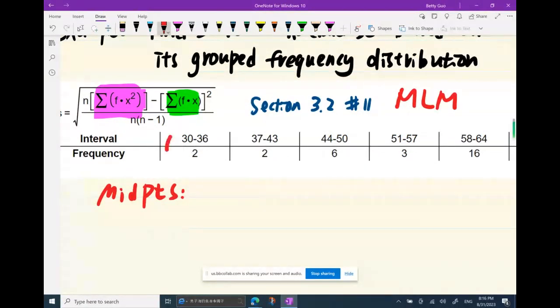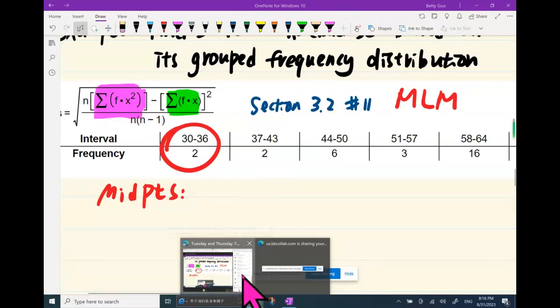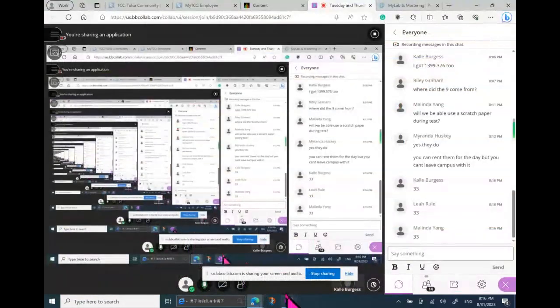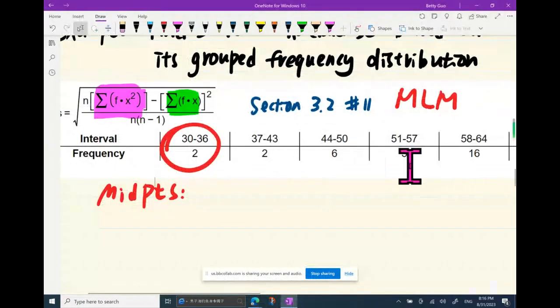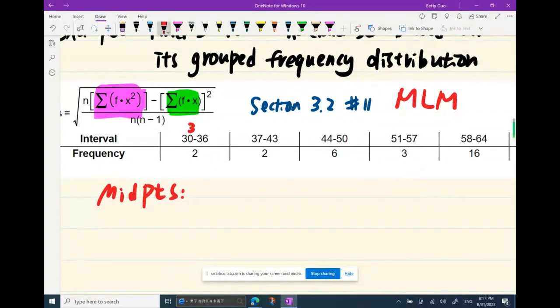Lower limit is 30. First class. Lower limit is 30, upper limit is 36. How do we find the middle point of that class? Awesome, thank you. The average of the 2 limits, right? 33. I'm going to write 33 right here. That's our middle point for the first class.